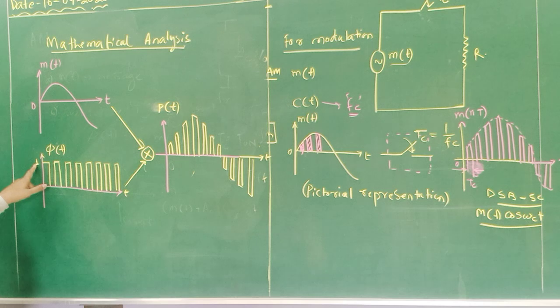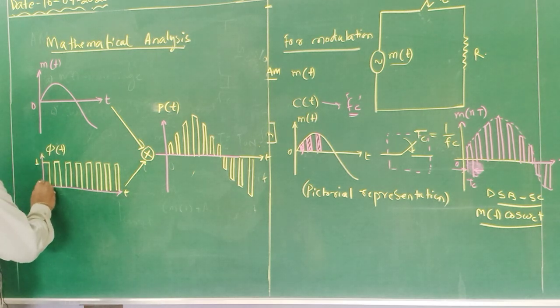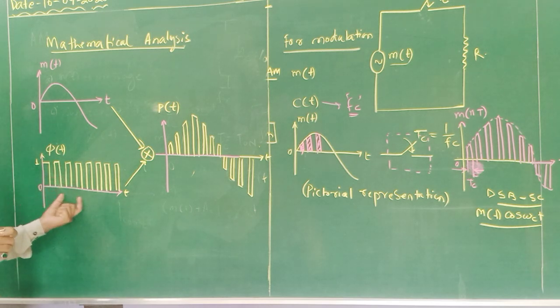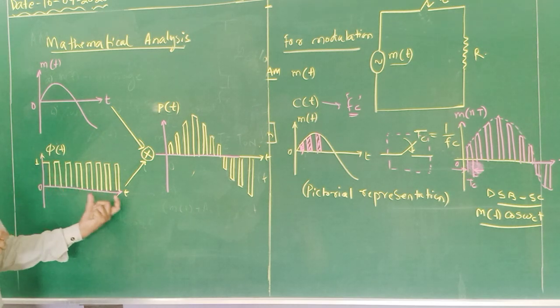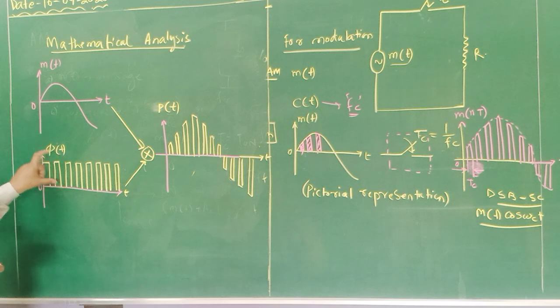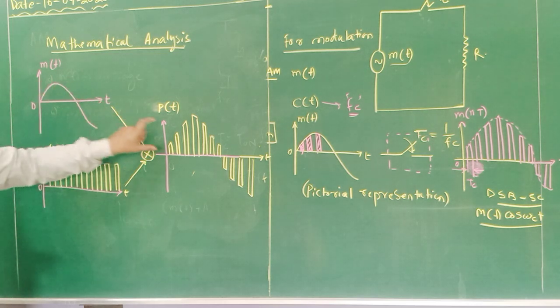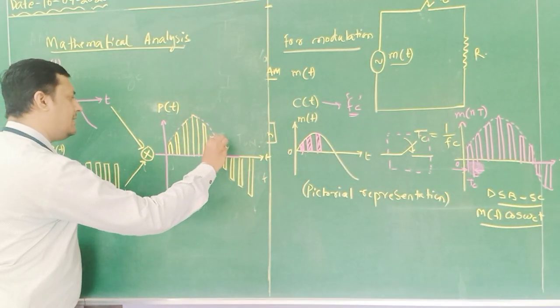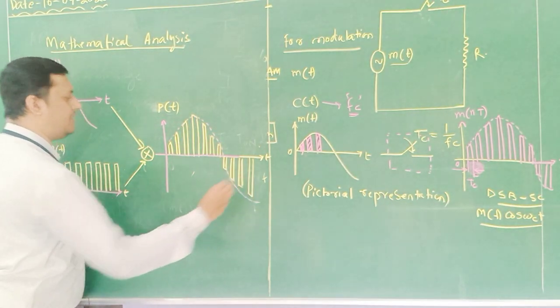This pulse train amplitude is 1 and the time period for on and off is Tc. At this rate, the frequency is maintained as Tc equals 1 by Fc, a periodic sequence. If I multiply this pulse train with my modulating signal, my output will look like this.